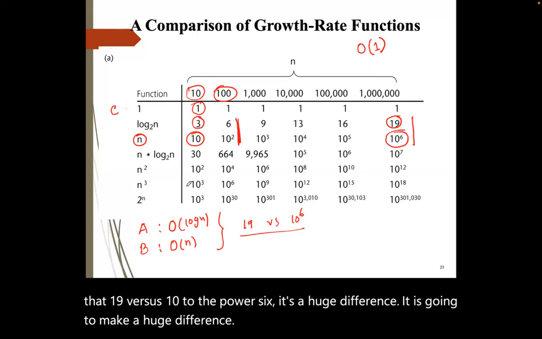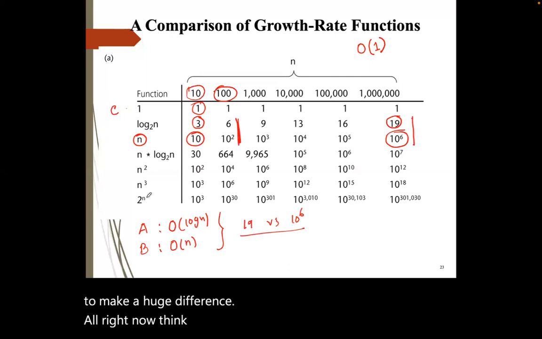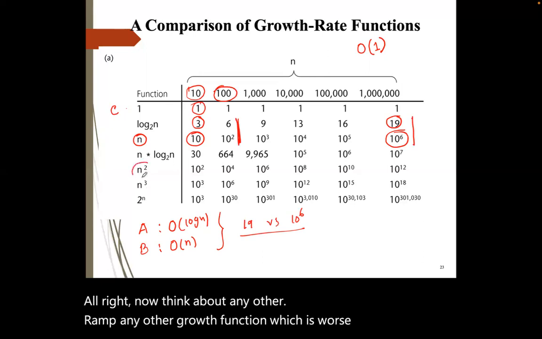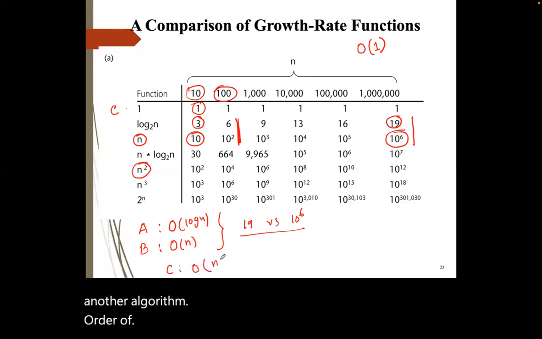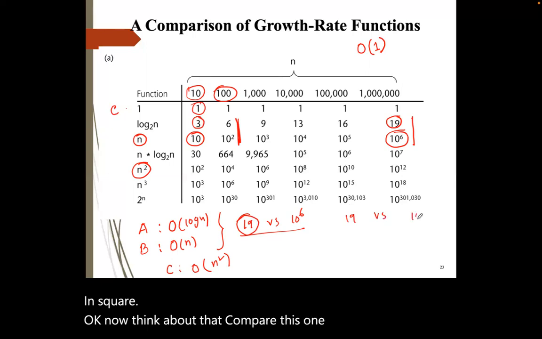Now think about any other growth function which is worse than that. Just think about n square. Let's say you have another algorithm, order of n square. Compare this one: 19 versus 10 to the power 12.